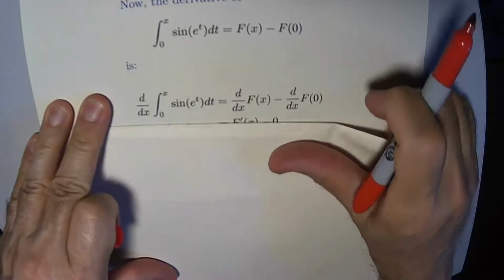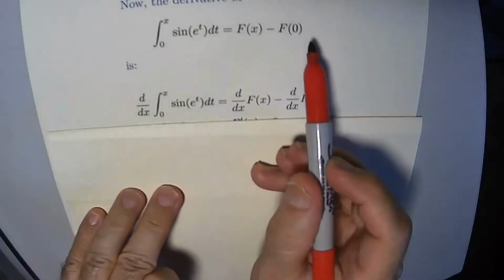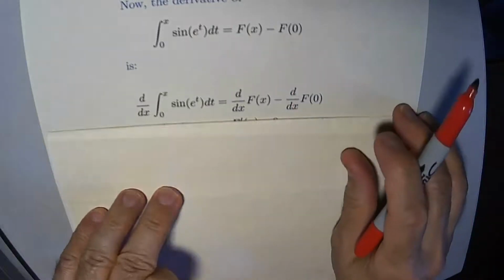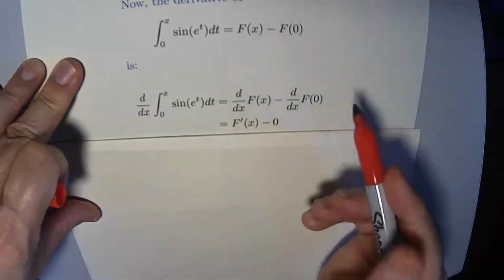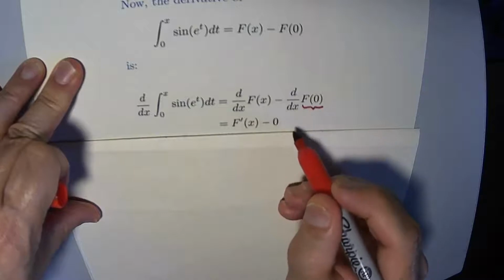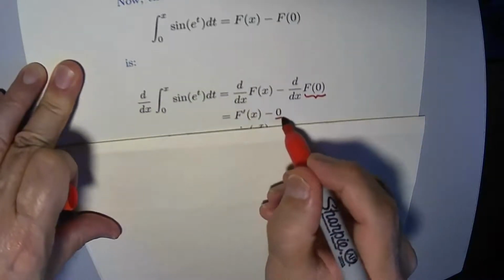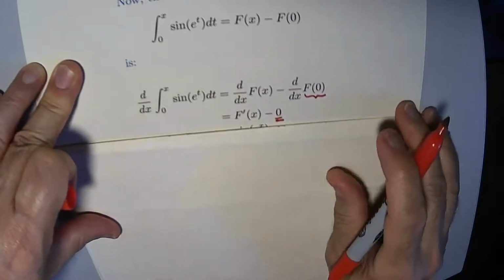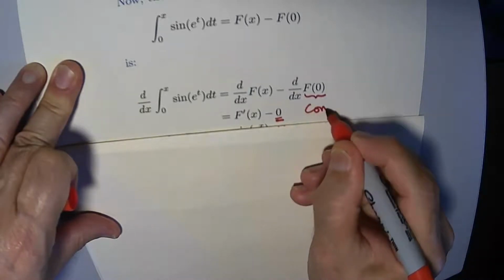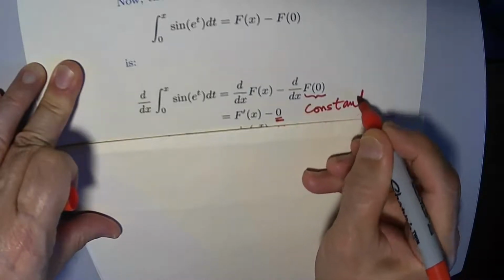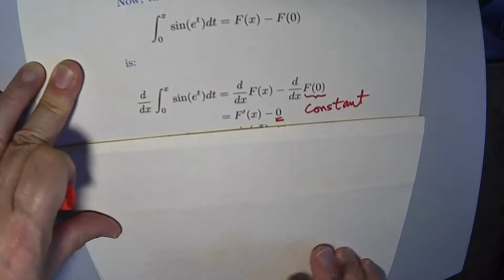We get the derivative of f of x minus the derivative of f of 0. The derivative of f of 0 is going to be 0 simply because f of 0 is a constant, and the derivative of a constant is 0.